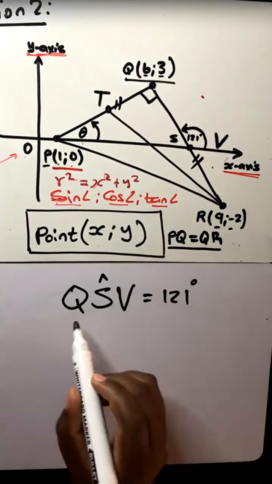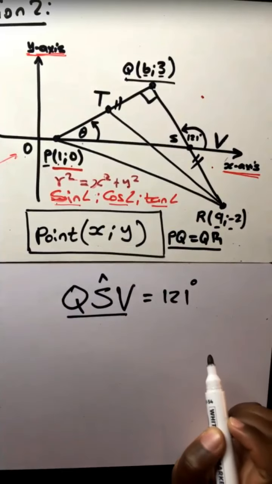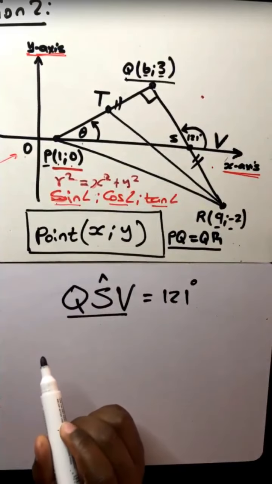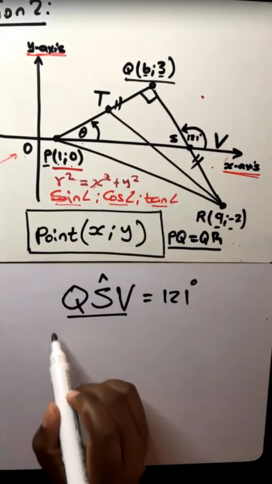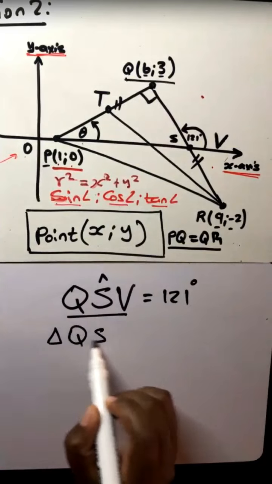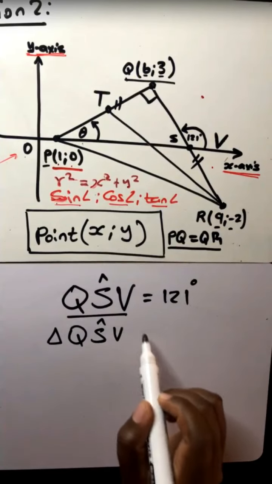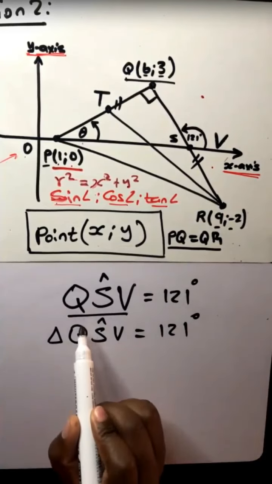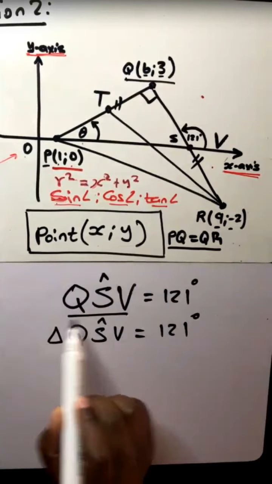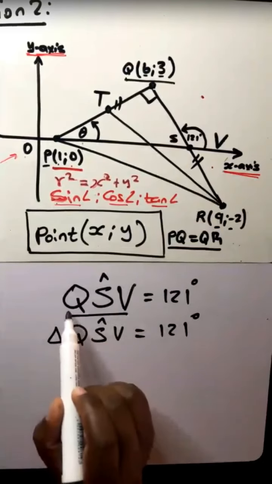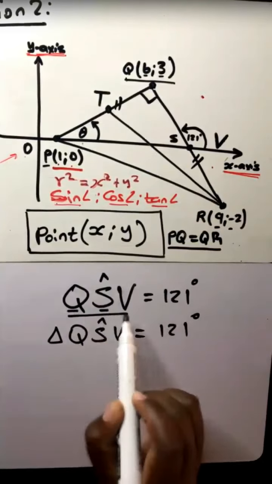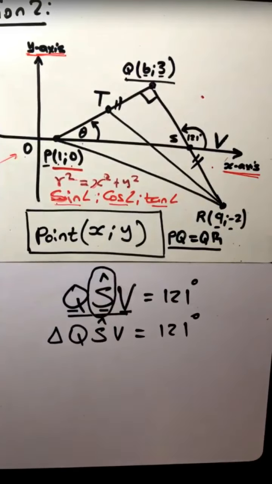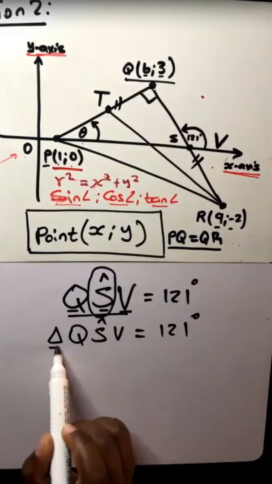If something is written like this, when you call it out, you must start by saying in triangle. Sometimes they can say in triangle QSV, angle whatever is equal to that degree. So when you read your mathematics statement, this is what we call triangle QSV while considering the angle formed at point S. So that means in triangle QSV.